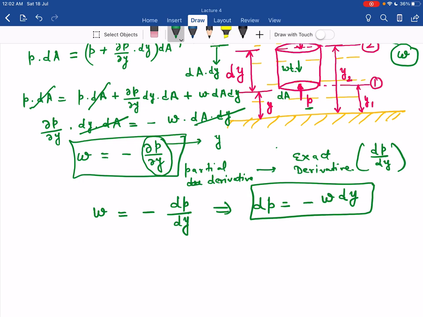Okay, so this is the second fundamental relation between pressure, specific weight that depends on density, and the height of the element. So this relation represents the hydrostatic law.